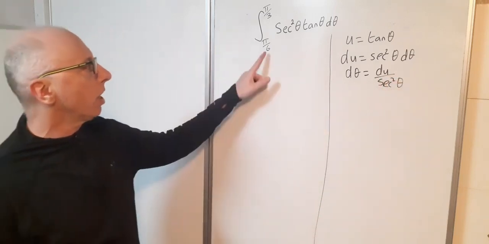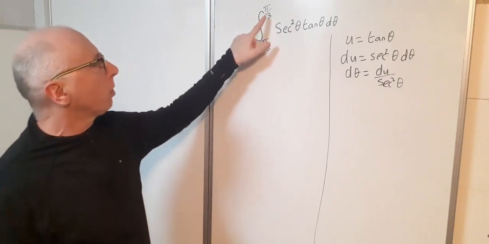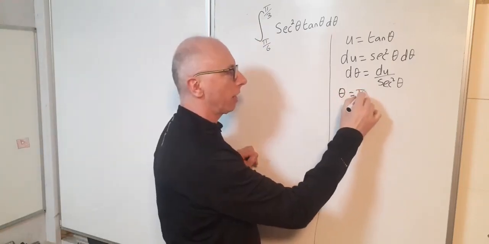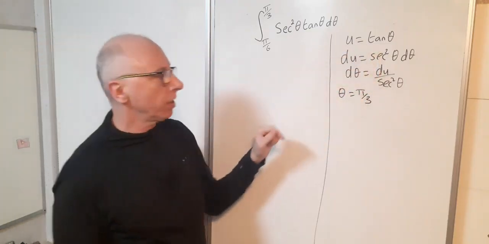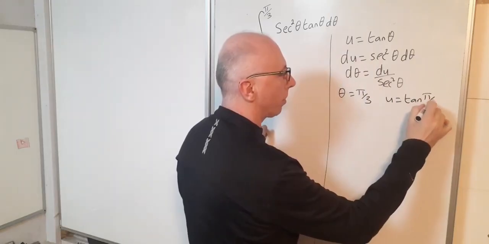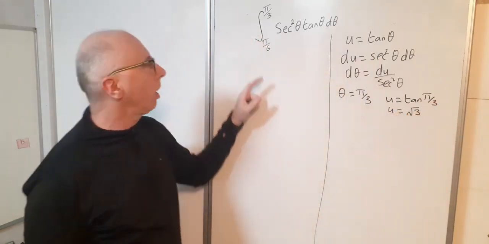And then we need to look at our parameters of integration. So when theta equals pi over 3, plug that into u equals tangent theta. So u equals tangent pi over 3, in which case u equals root 3. So that's our upper limit.